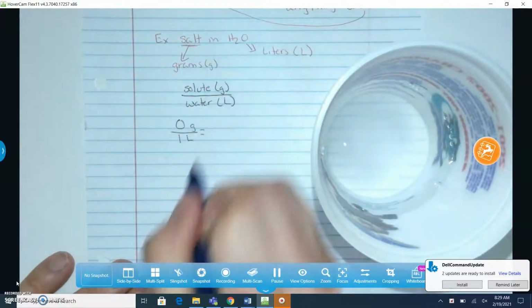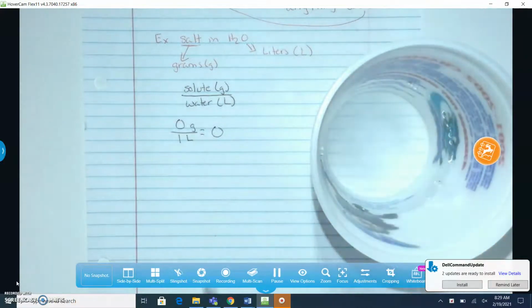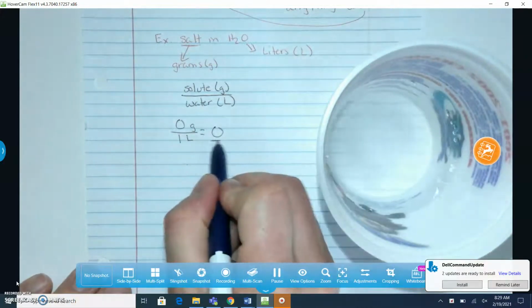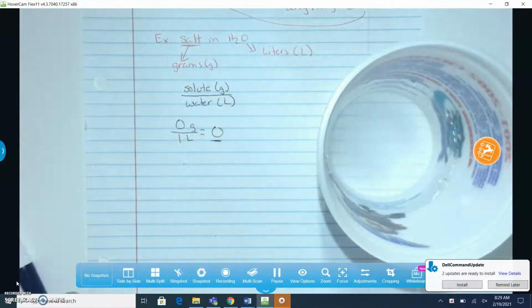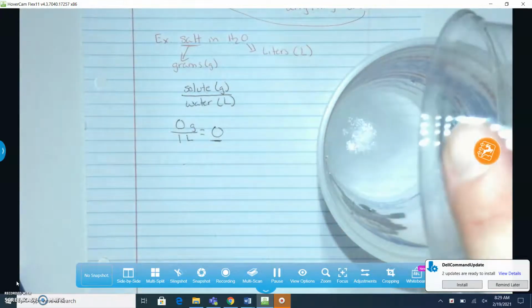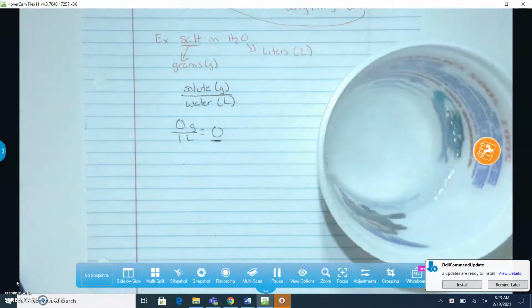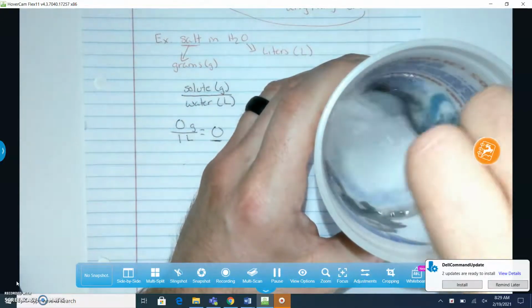So what's 0 divided by 1? Concentration of nothing, right? Okay, well, let's change that. How can we change the concentration of a solution? Well, we can add some things to it, like a gram of salt. So I'll pour a gram of salt in. I can give that a little stir to dissolve it.